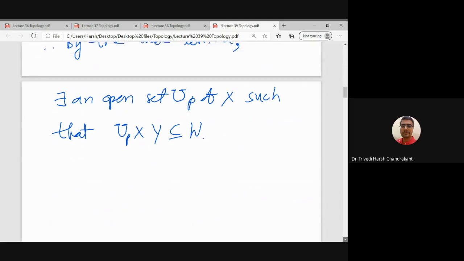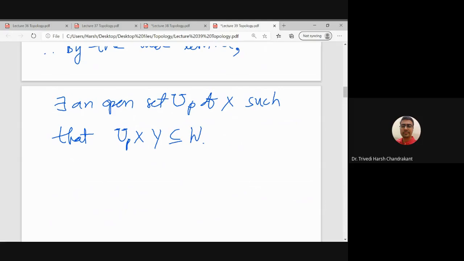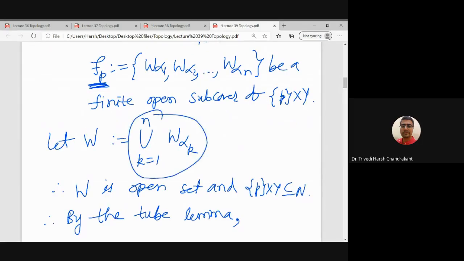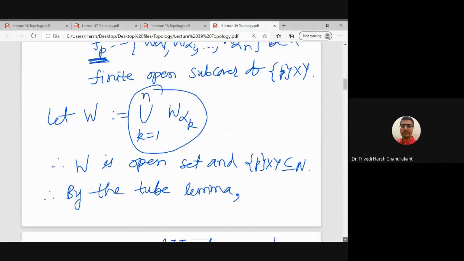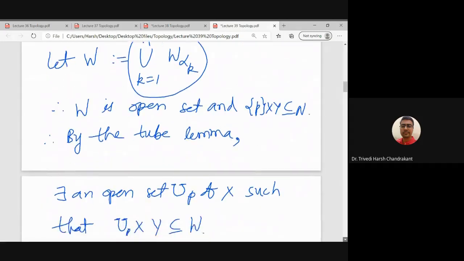And once we get this set UP, what we know is that UP cross Y is a subset of W, and W is this family, right? And UP cross Y is a subset of W, which is the union of W alpha k. This union of W alpha k is actually the cover of UP cross Y, right? So let us write that down.